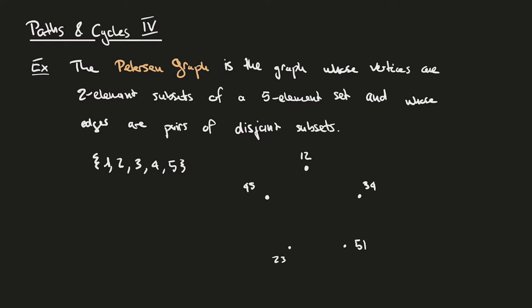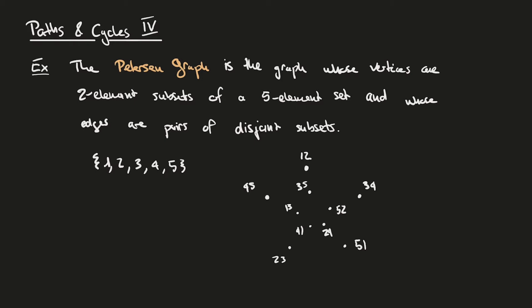4 and 5. Now there are 5 subsets remaining. One contains 3 and 5, 1 and 3, 4 and 1, 2 and 4, and finally 5 and 2.